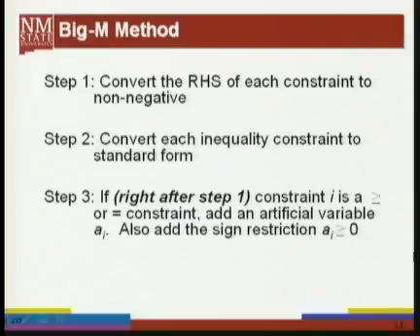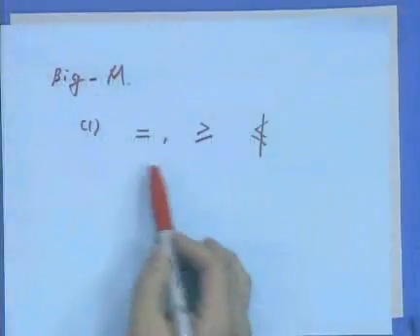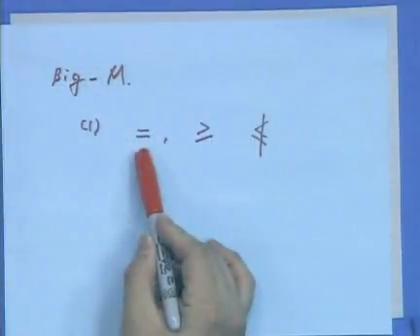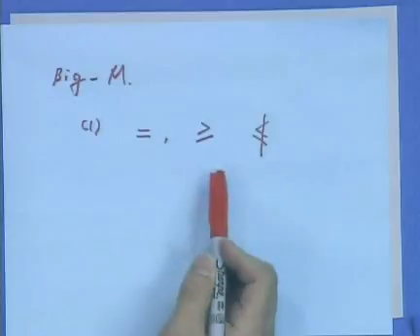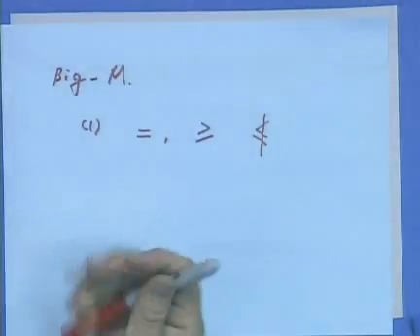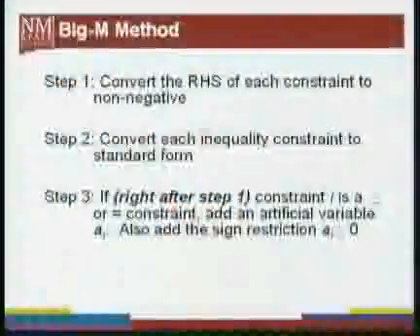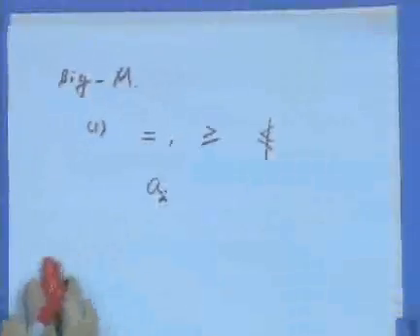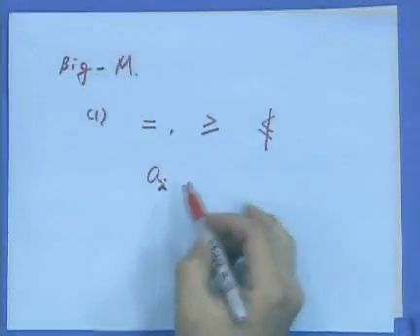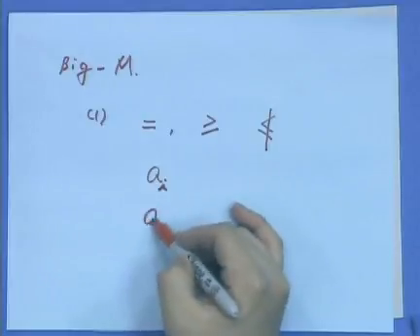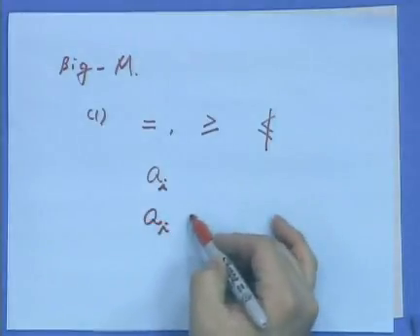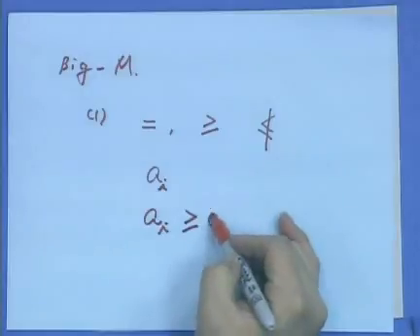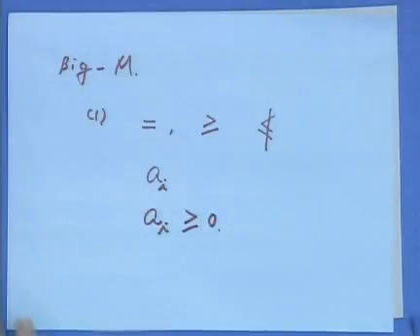And step number 3, if after step number 1 has been completed, the constraint is greater than equals or equality, then we need to add artificial variable, a sub i, right? And of course, we need to add sign restriction, which is each artificial variable should be greater than equals 0. Okay?